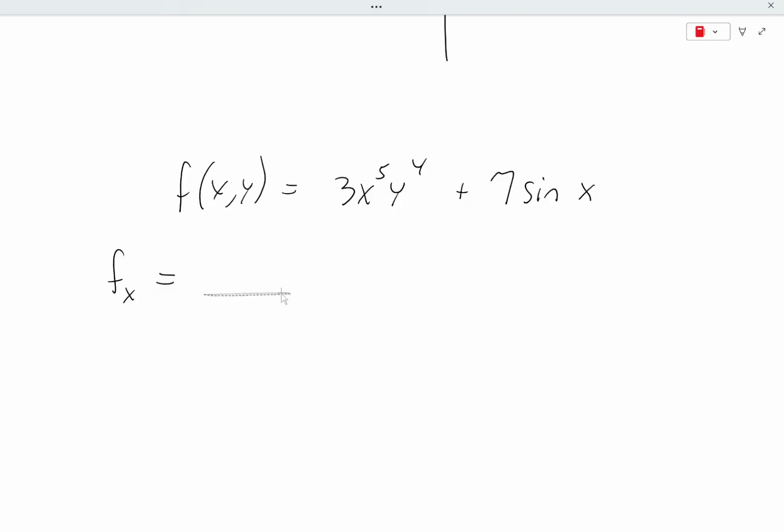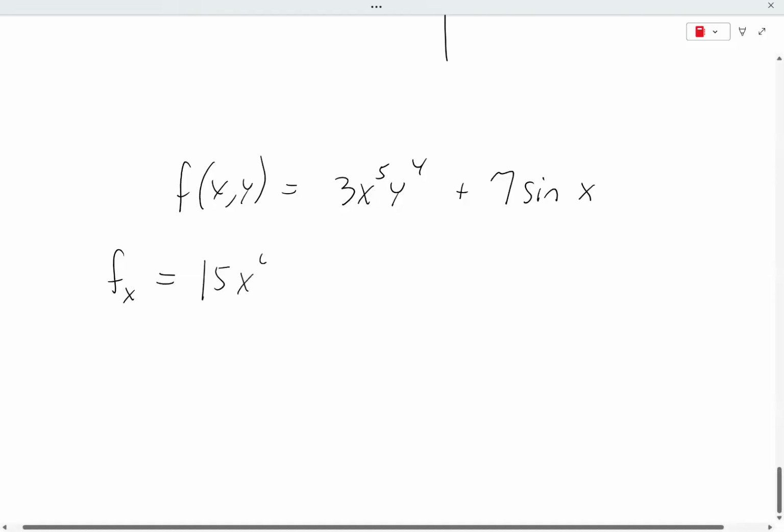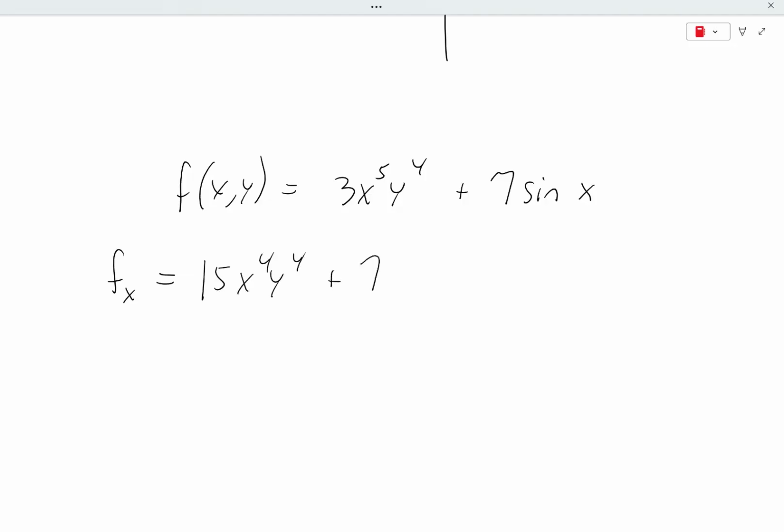How about the first term? 15x to the fourth, y to the fourth, right? Because you treat the y like a constant. So 15x to the fourth, y to the fourth, plus, and then over here, that'd be 7 cosine x.